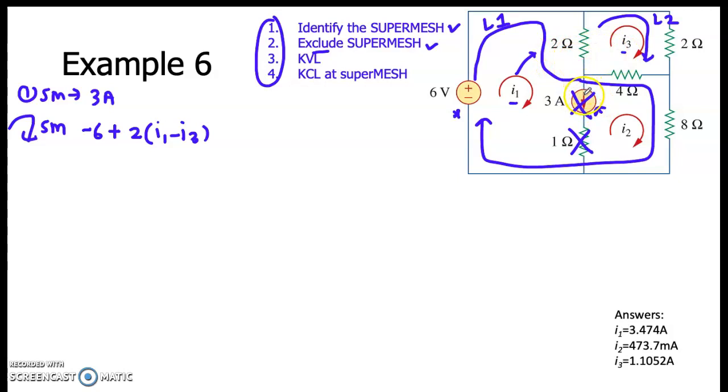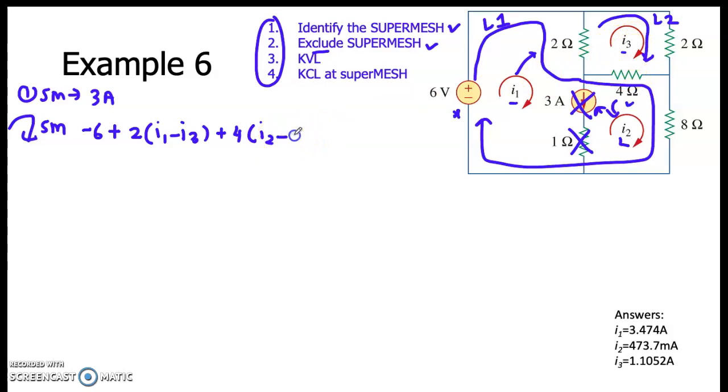And then go down. Oh, there is a super mesh, so you're going to ignore it. And next you go to the 4. What is the net current? What is the current at 4? It's not I1. The current at 4 is I2. So it becomes I2, but it's not only I2 because you have a current flowing at the other side, right?